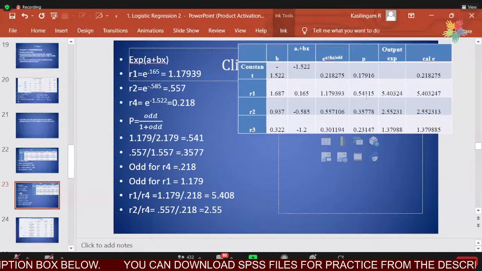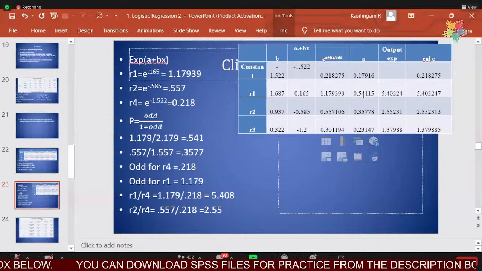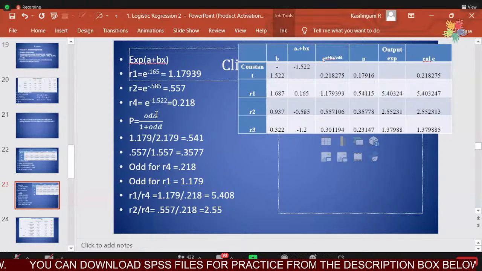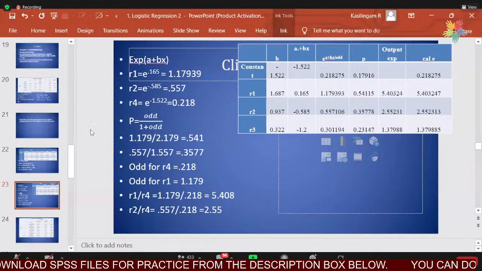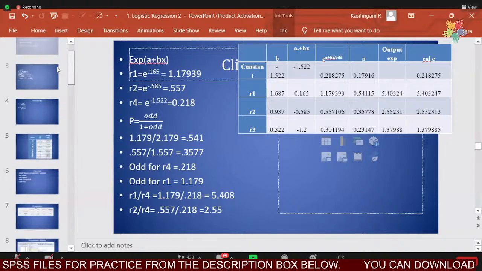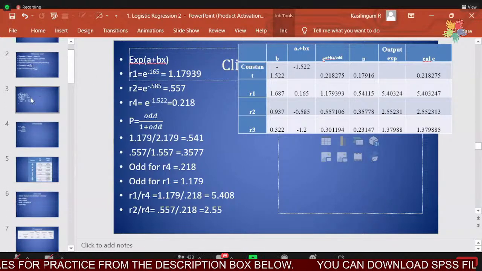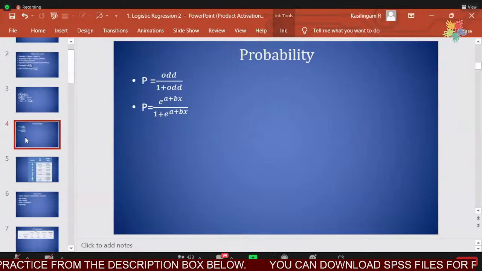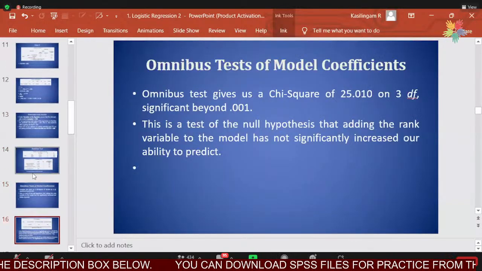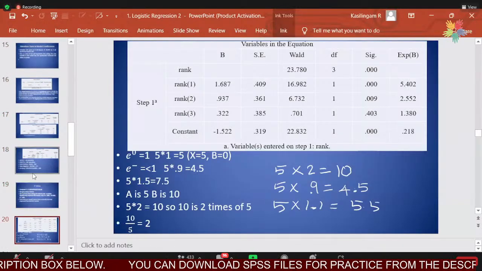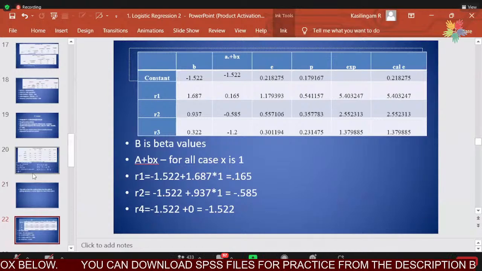The probability of getting admission is 54. How do you calculate the probability? Odds divided by 1 plus odds. This is what I have demonstrated here. Now by looking at the actual data also I have demonstrated.